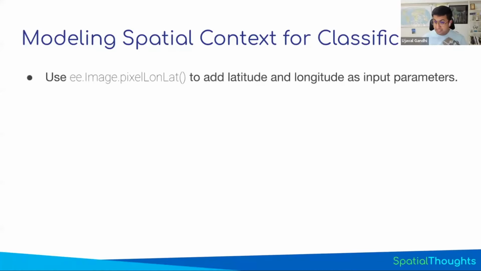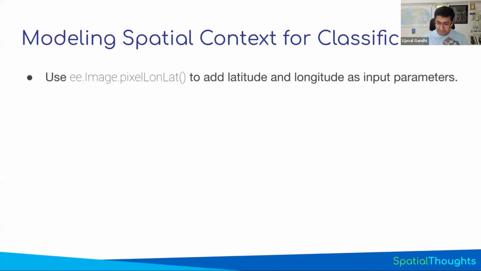One thing you can do is if you want the model to have information about the coordinate where the pixel was sampled from, you can use this function, ee.Image.pixelLonLat, which will add 2 bands to your image. So let's say you have a composite image and you run this function, you'll get 2 new bands, latitude and longitude. And the value of each pixel will be the latitude and longitude of those pixels.